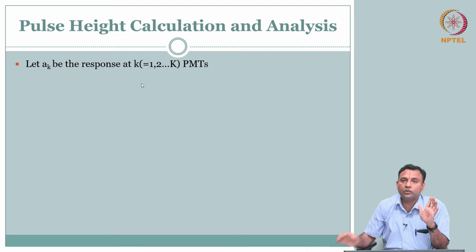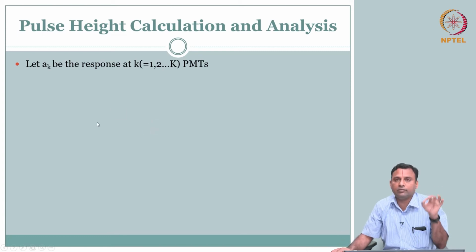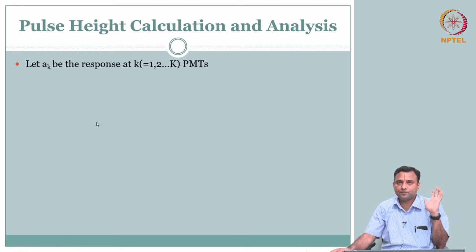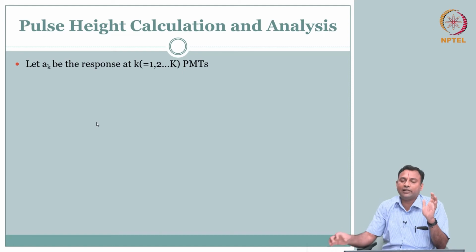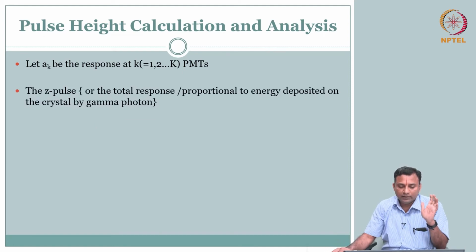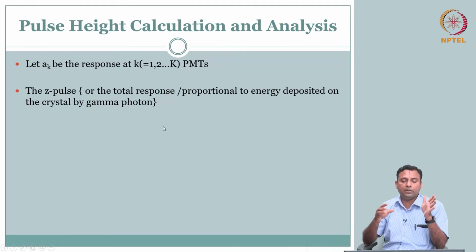So what do I want? What is the value of this pulse height? We talked about this pulse that we are recording. What is the meaning of the pulse height? Pulse height is going to be related to the gamma photon energy that came. So the Z pulse, or the total response.